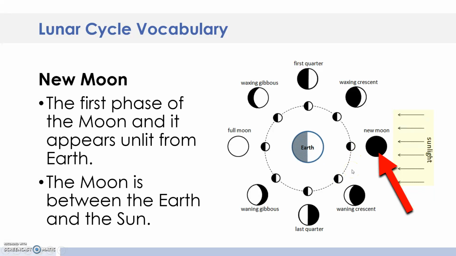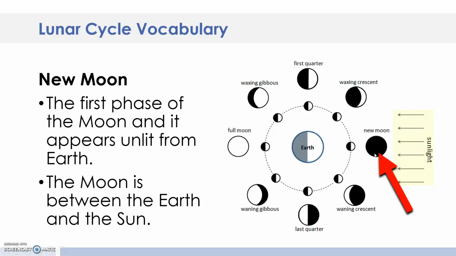So it actually looks to us like these on the outside. Again, the little one is what it looks like top down in outer space. The big one is what it looks like to us if we were looking at the half of the moon that's facing us. We'll do a diagram in class that'll make more sense of this as well. So this outside one is what it looks like to us. The new moon looks like this to us.